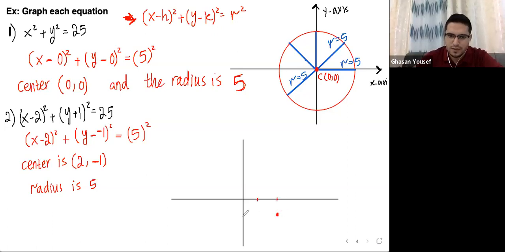This point here is positive 1, and here is 2. So this is my center for the circle. Now the radius is 5 again. So the graph will look something like this.